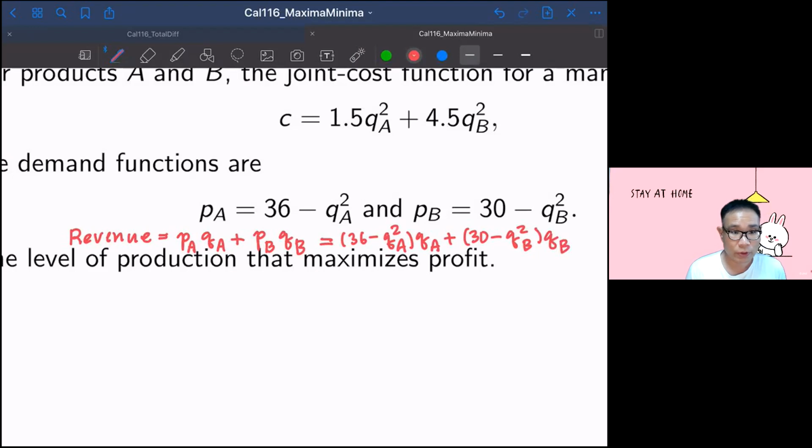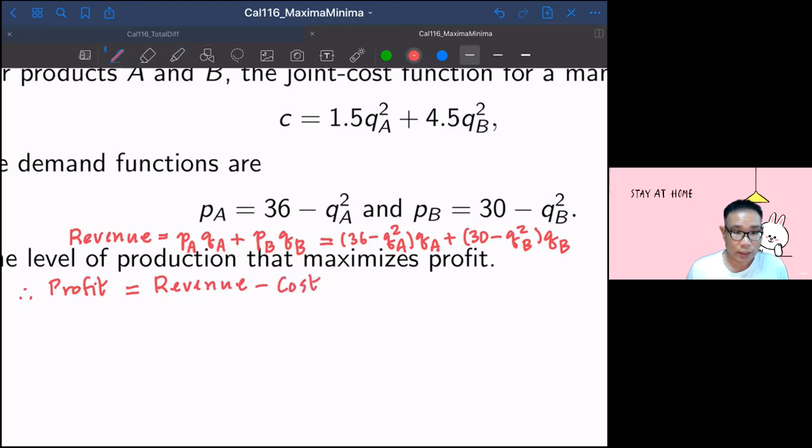So this one will give you the revenue, and the profit turned out to be the revenue subtract by the cost.